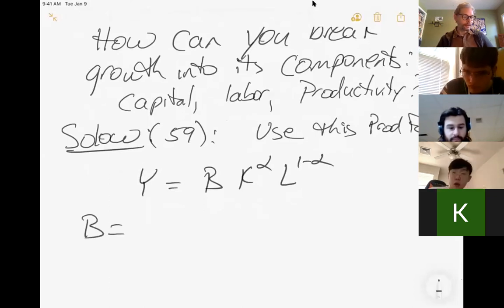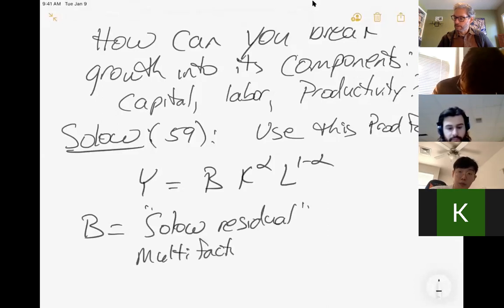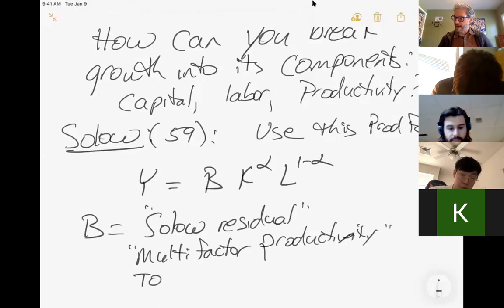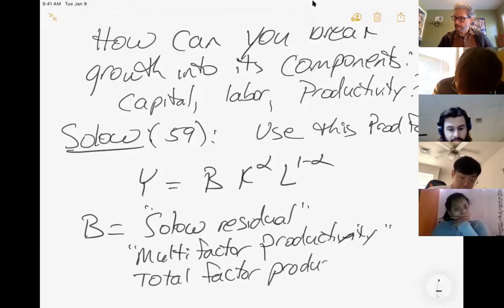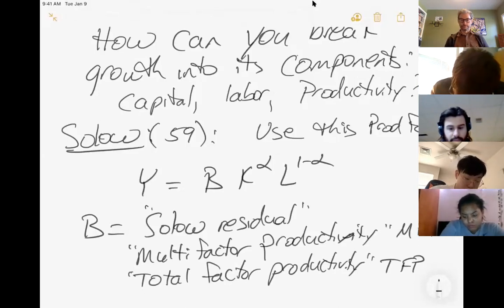B here, this has a lot of different names in the literature. Sometimes this is called the Solow residual, or multi-factor productivity, or total factor productivity. Okay.